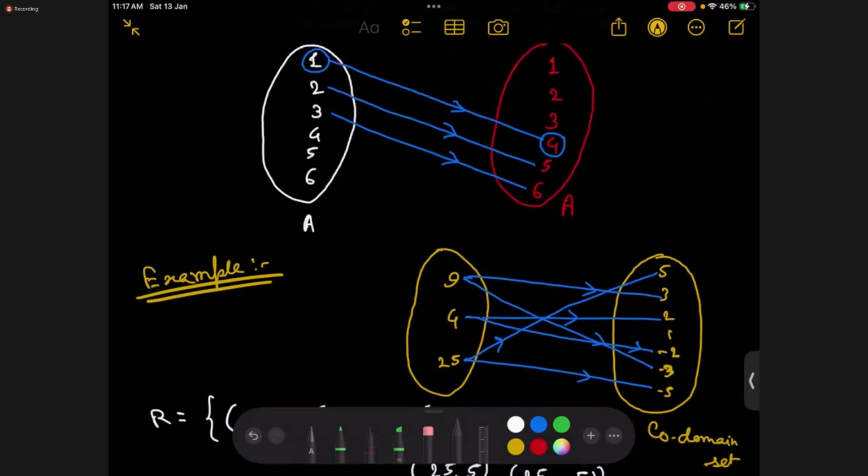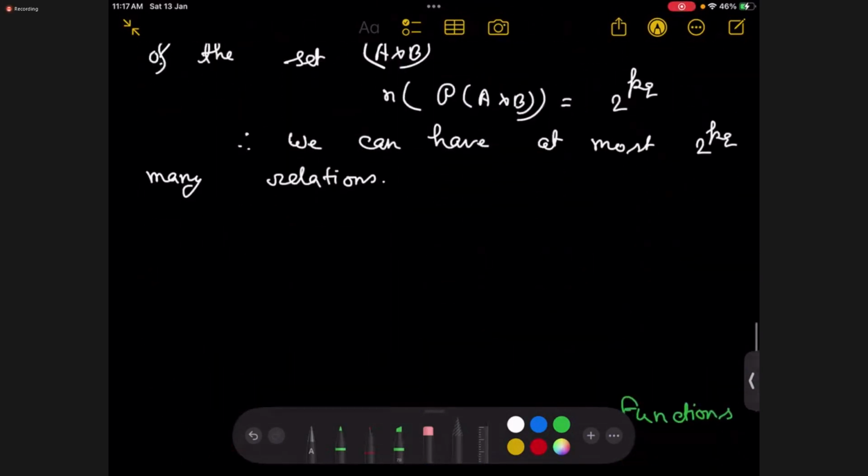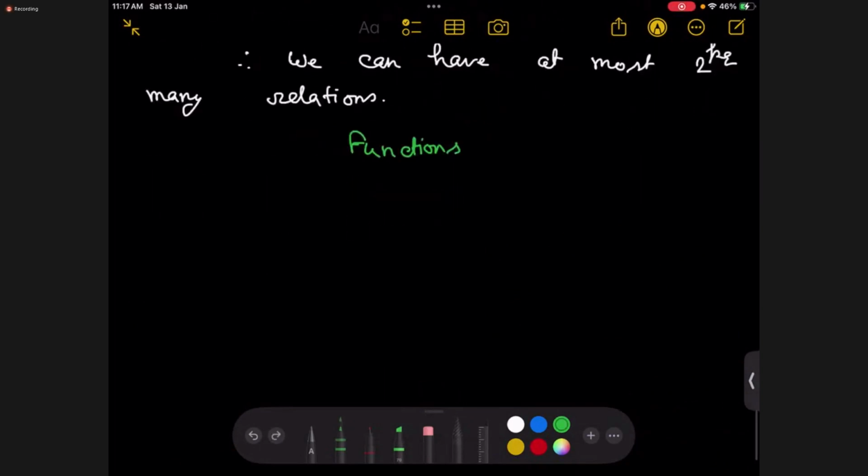First of all, a statement before that: a function is nothing but a relation.